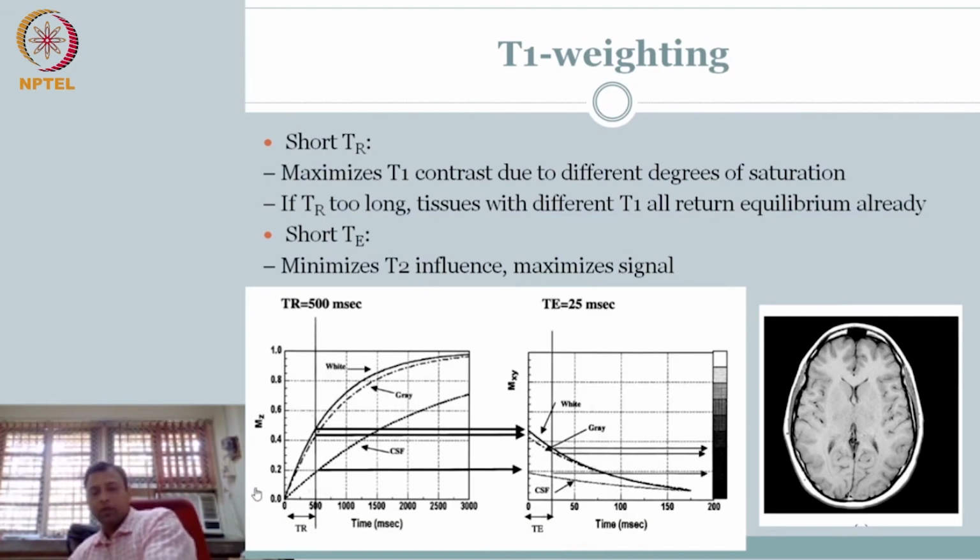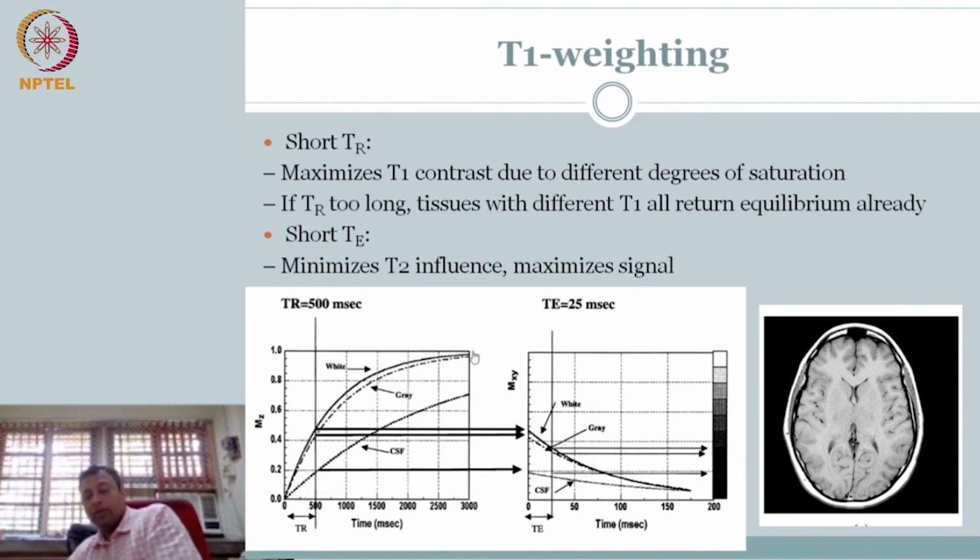Okay, so same plots like before. Instead of waiting for saturation, now I am exploiting the difference in T1. Here I have differences that I want to allow, the rate at which it goes up in this case. That is the T1 contrast I want. So I'm going to start at a lower level.